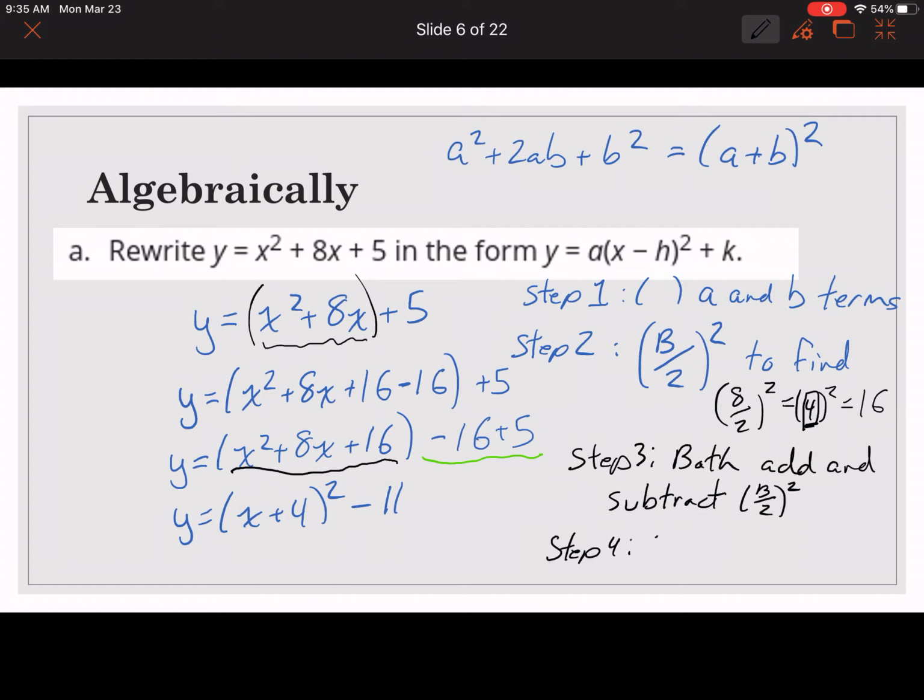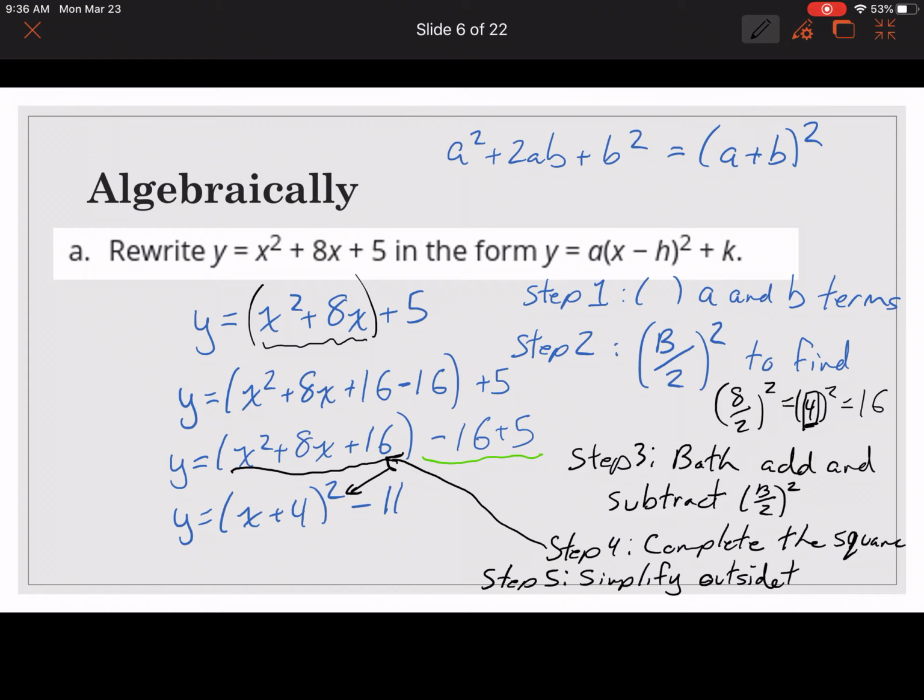Step 4, complete the square, which is what's happening inside that bracket. So that is right there, going from there to there, that's completing the square. And then if you want to put it in step 5, simplify outside the bracket.